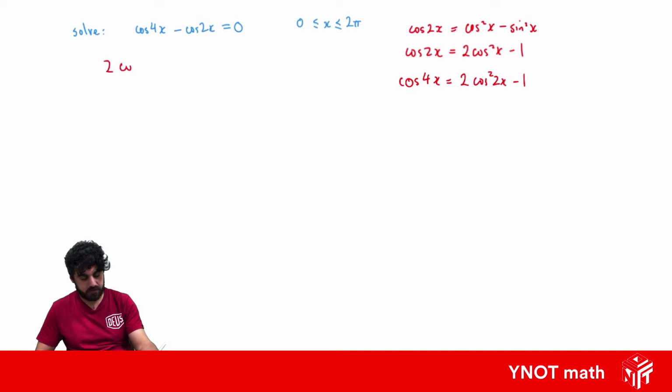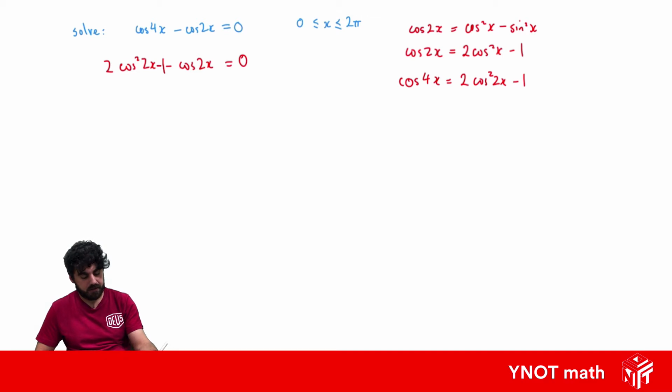So we're going to have 2 cos squared of 2x minus 1 minus cos 2x equals 0. So if we've got the minus 1, let's throw that in there as well.